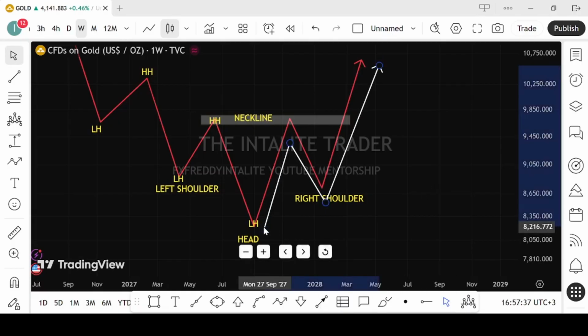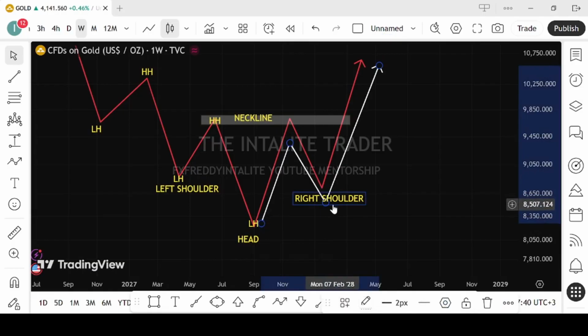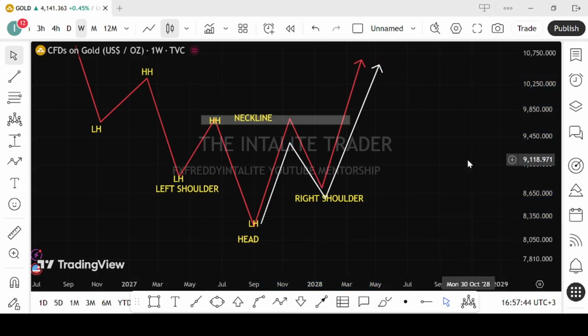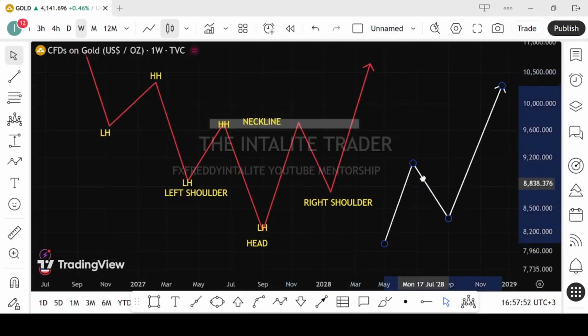The start of a new trend is what is represented in an inverse head and shoulder pattern. The start of this one, the new trend, this pattern.